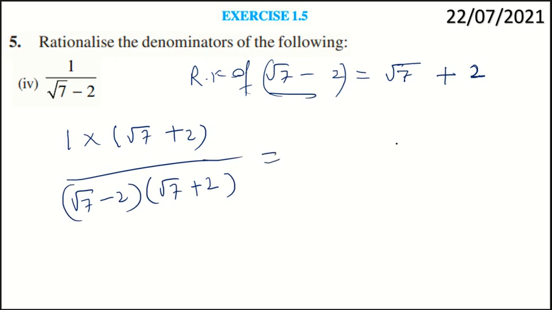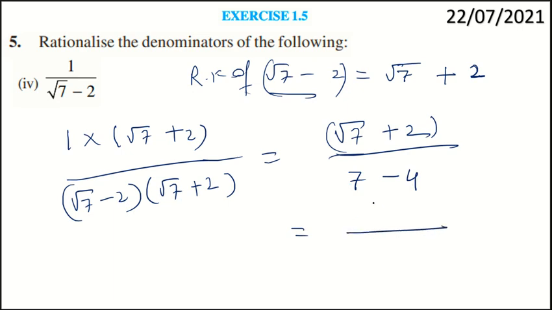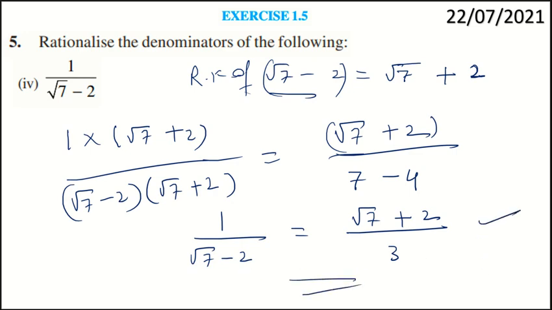Now 1 into anything gives the same, so root 7 plus 2 comes as it is as the numerator, upon root 7 minus 2 into root 7 plus 2, which is 7 minus 4, since 2 square is 4. So 7 minus 4 is 3, and 3 is the denominator. Now root 7 plus 2 by 3 will be the equivalent fraction of this irrational denominator 1 upon root 7 minus 2. So this is how we solve. With this, all the questions from exercise 1.5 are over.